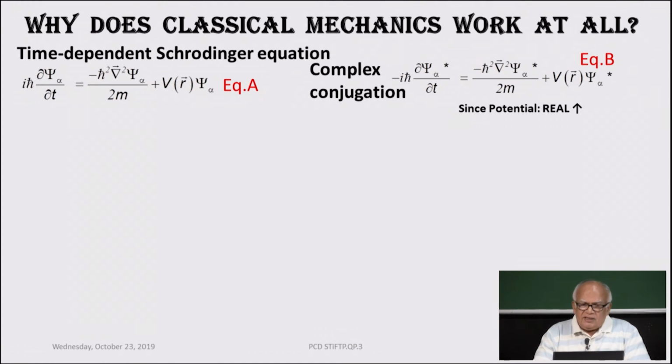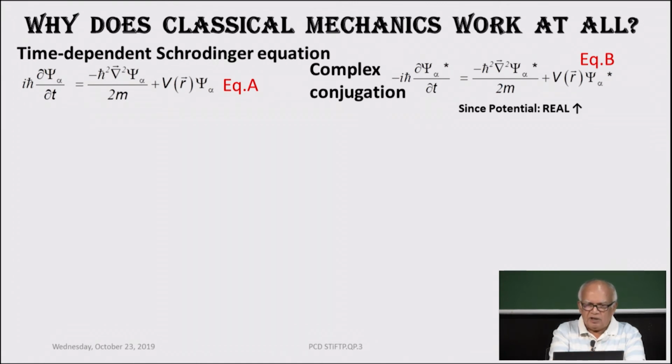So let us begin to get an answer to this. If you accept that the law of nature is quantum mechanical, which you have to, and you are trying to understand why classical mechanics works, then begin with the quantum mechanical equation.